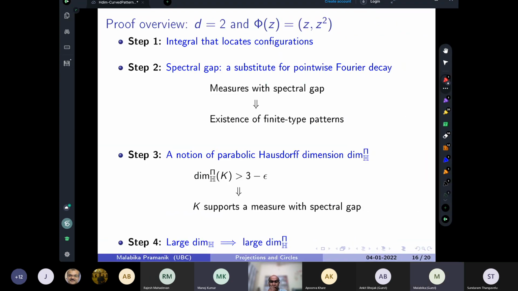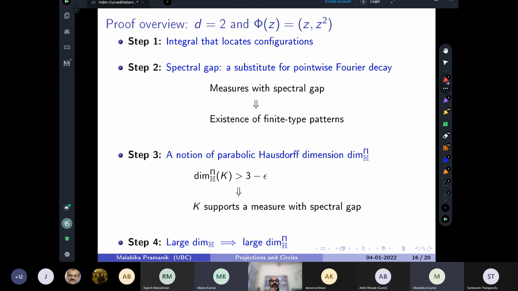Okay. So let's go over some of the main ideas in the proof, and for the ease of exposition, I'm going to stick to the work of Kuca, Orponen and Sahlsten, where the ambient dimension is 2 and the pattern to be avoided, phi, is z squared, because that's, I think, the simplest for me to explain.